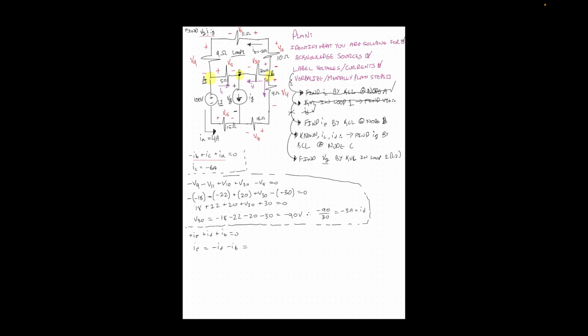When plugging this in, because I found ID to be negative 3, and IB to be negative 2, which was actually given to me, I'm going to say that IE is actually 5 amps. So I've found IE, and I've confirmed that it's 5 amps.